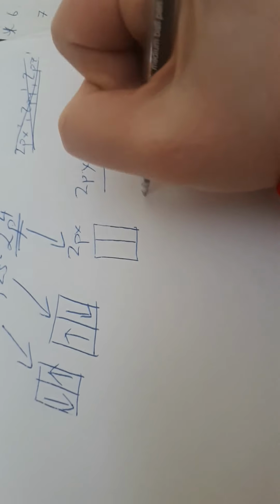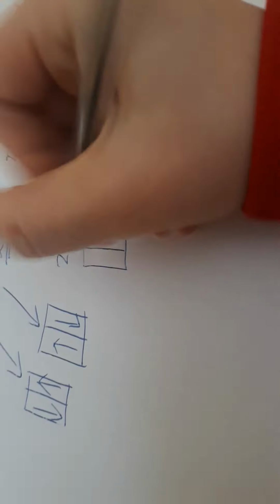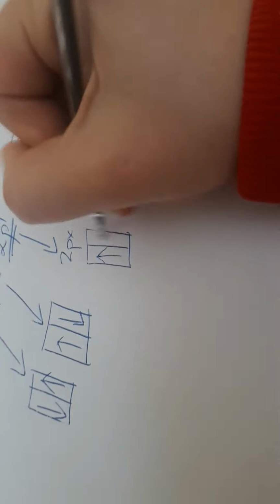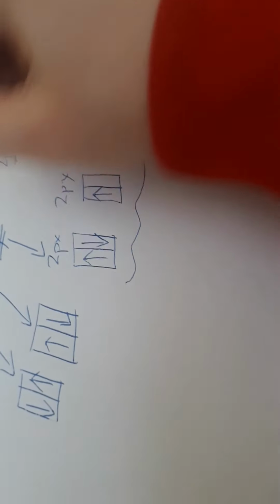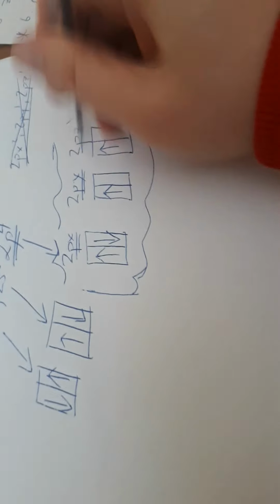So remember, every orbital can only take 2 electrons. You fill them singly before in pairs. So 1, 2, 3, and I have 4, and they must have opposite spin. So you have to show that to get your answer and your marks. You have to label 2px, 2py, and 2pz.